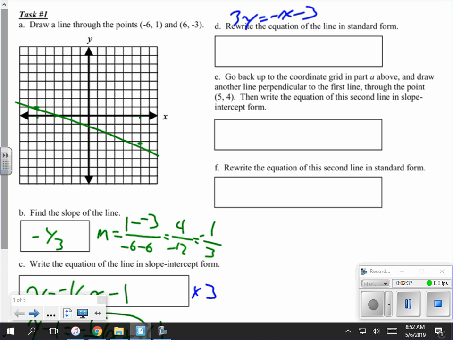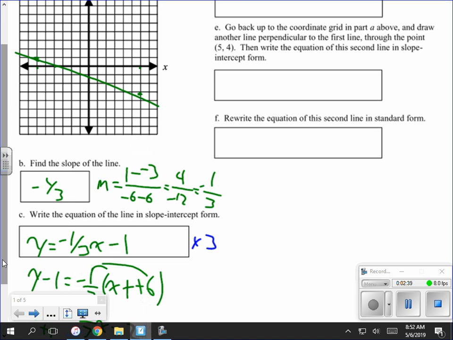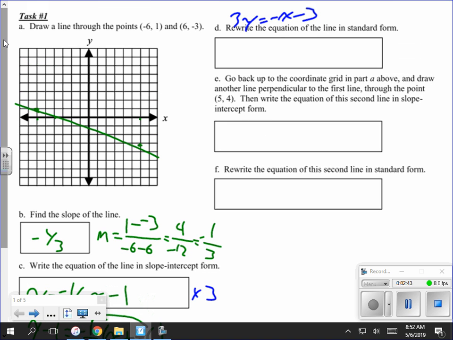No more fractions. Everything in here times 3. And then I need to move my x's over to the other side, so I add x to both sides. X plus 3y is equal to -3. And it needs to be x, y equals number. If it's not in that order, it's not in standard form.